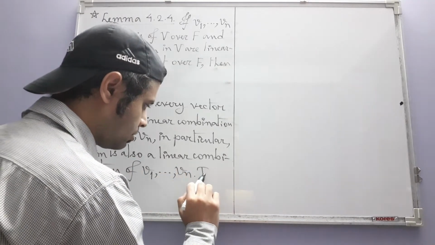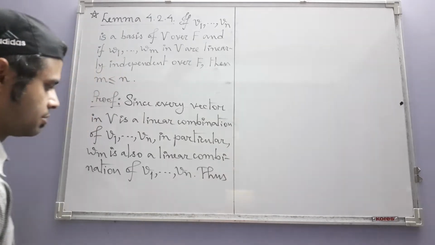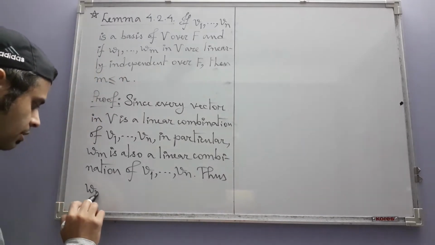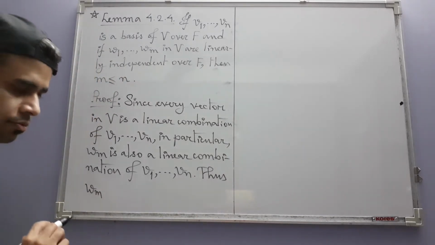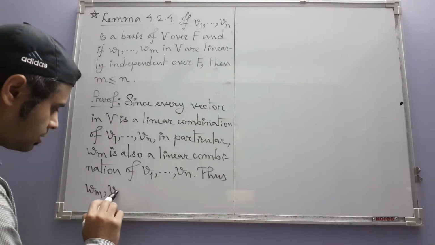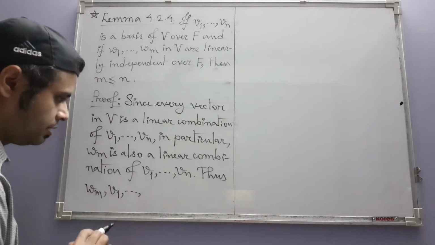And our conclusion is this. Thus, if we include Wm among the Vi's, then the resulting set will be linearly dependent.